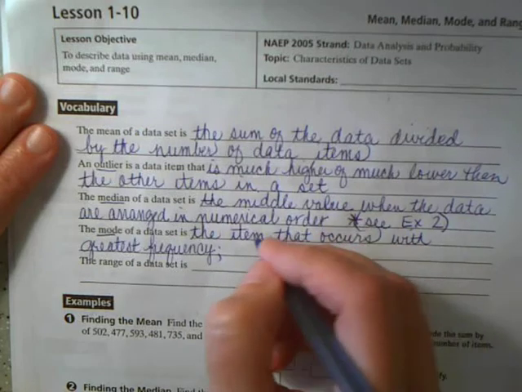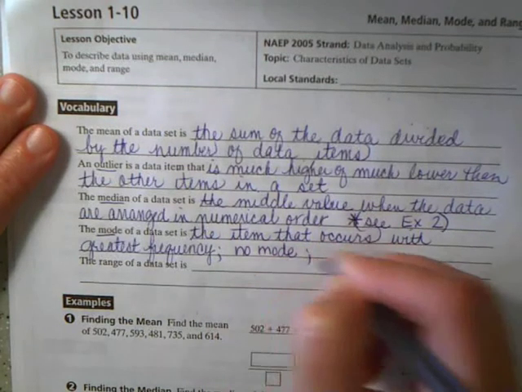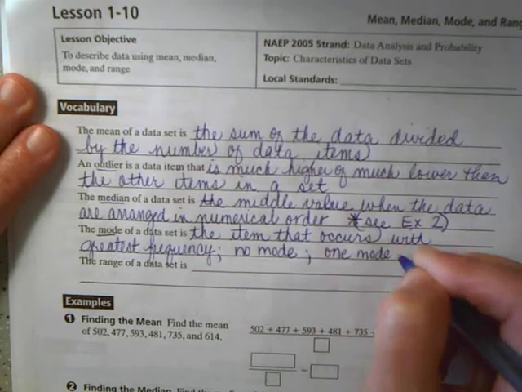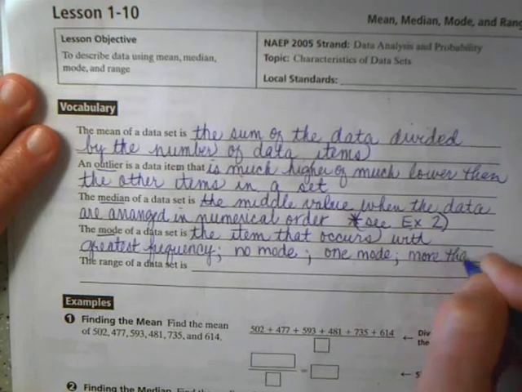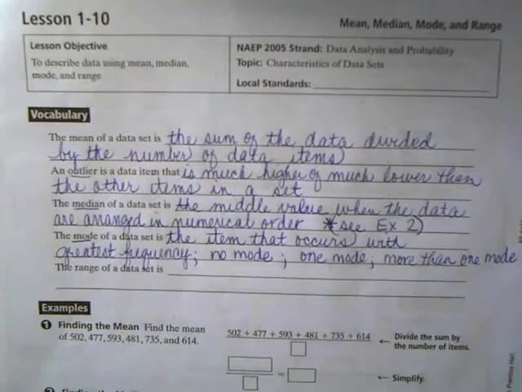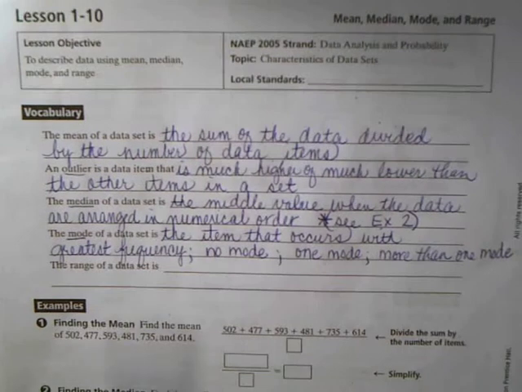You can have no mode, you can have one mode, or you can have more than one mode. So you don't always have a mode, but you can have one or more than one, so there's a wide variety of things that can happen. Again, you're looking for something that occurs with the greatest frequency, which means most often.